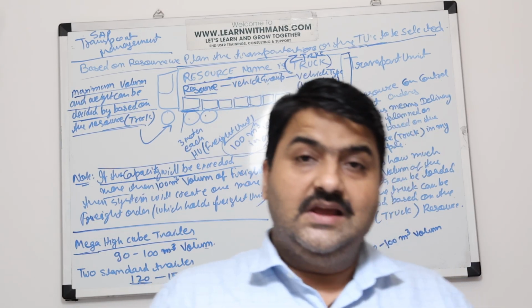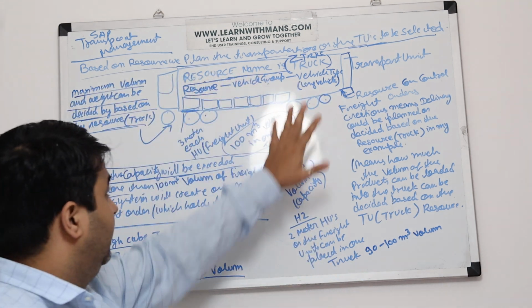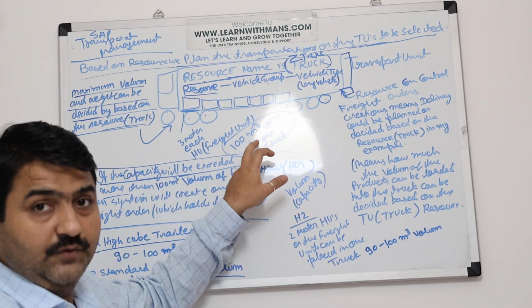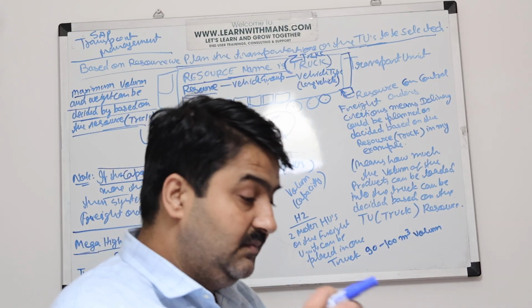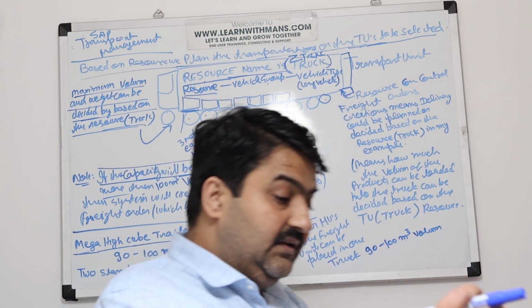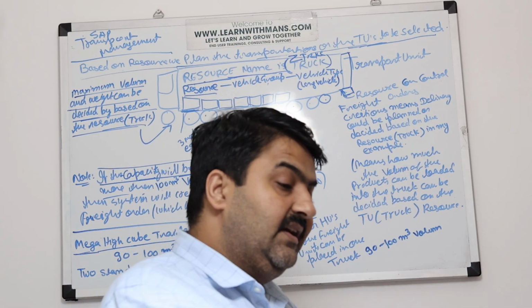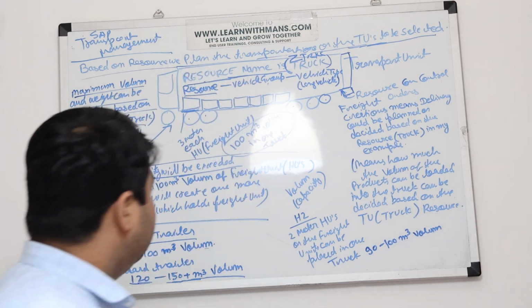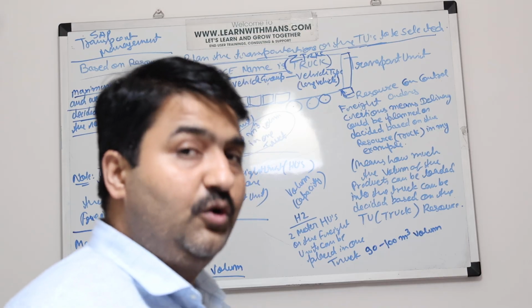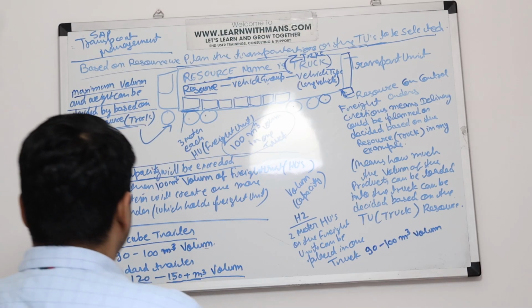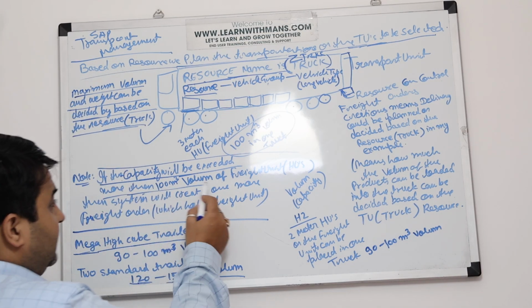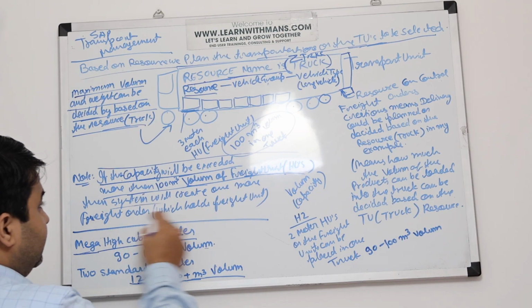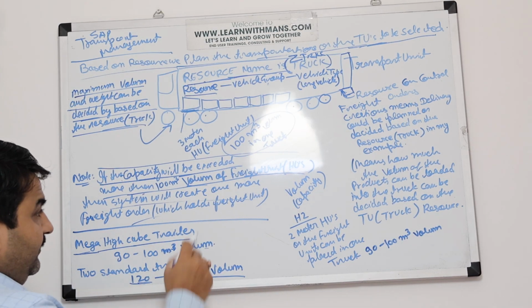So if this truck is filled with 100 cubic meters of volume, the system will automatically create a new freight order. Check my videos on social media, follow me. That's why I put here the freight unit, and the system will create this, as I put here.